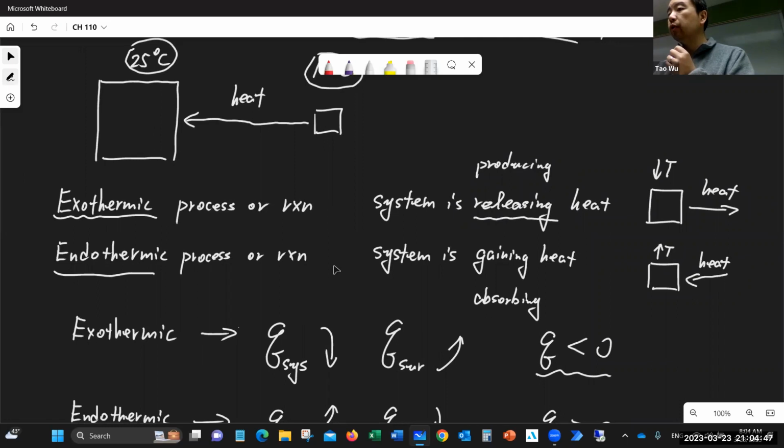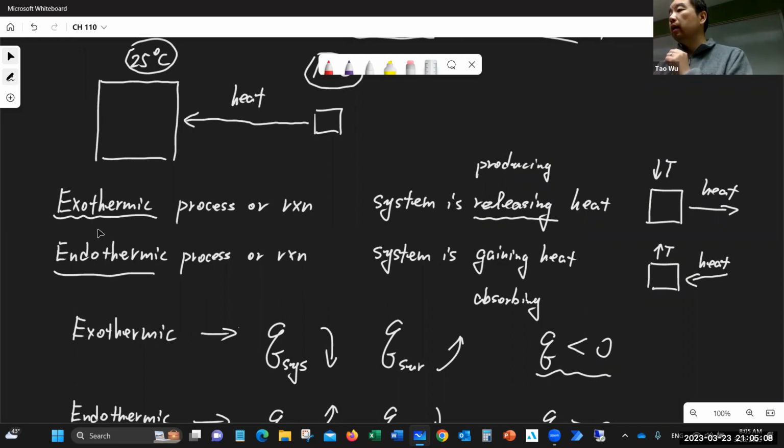So we are going to have two different kinds of process or direction. One is called exothermic. The other one is called endothermic. Exothermic means the heat transfers out from the system to the surrounding. So this is exothermic.